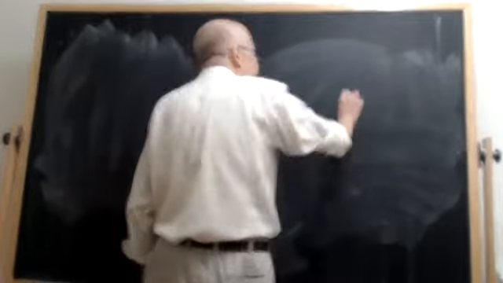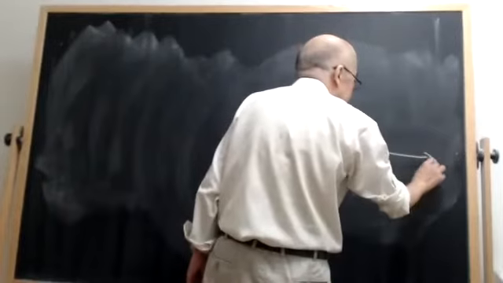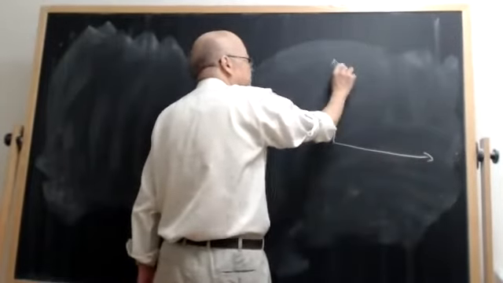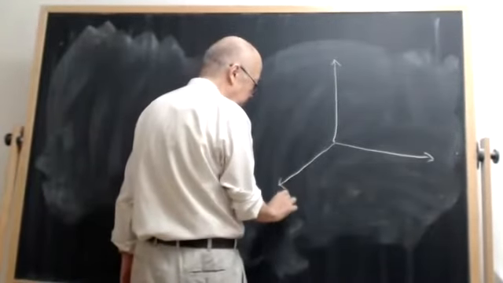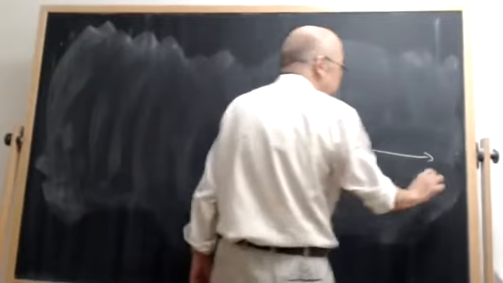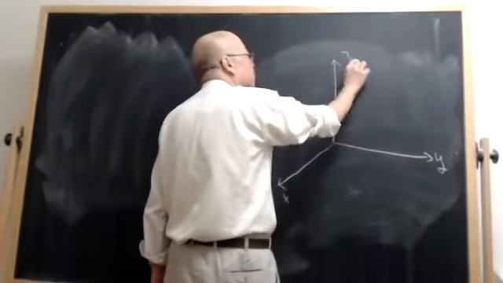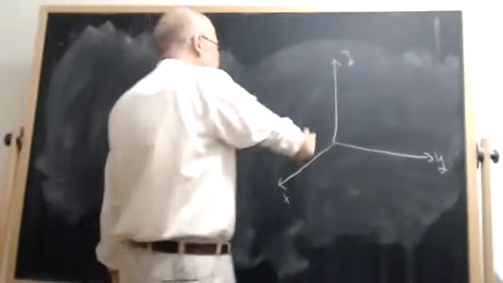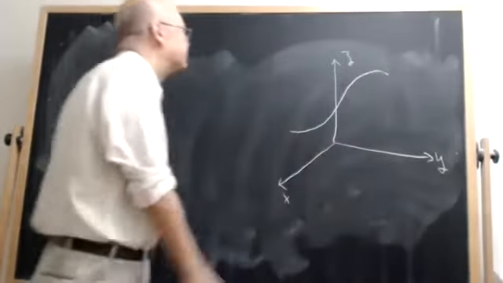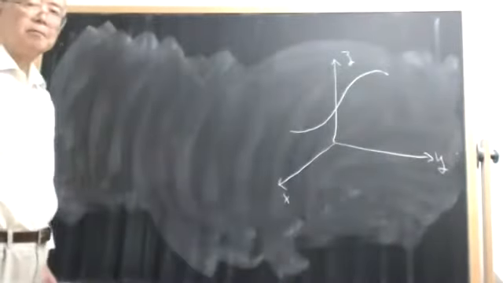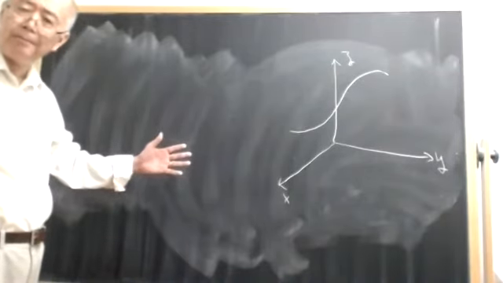So let's look at 3 dimensions again. And we have a curve, which may go outside of the board and go inside the board.